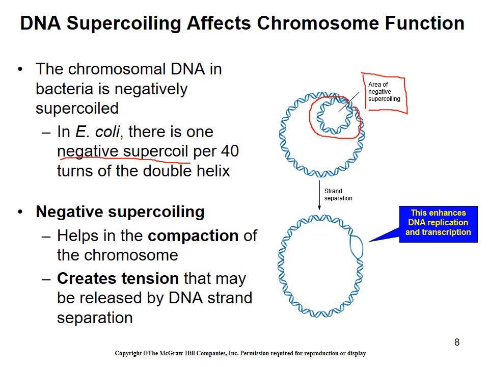But it turns out that you need this negative supercoil, this coiling with a left-handed twist, because it's going to not only help you further compact your chromosome, it will also create enough tension that when it's time for the DNA to replicate itself, it is very easy for the double helix to completely separate itself, so that we can do our DNA replication, and also that the genes are always available for transcription and for translation.